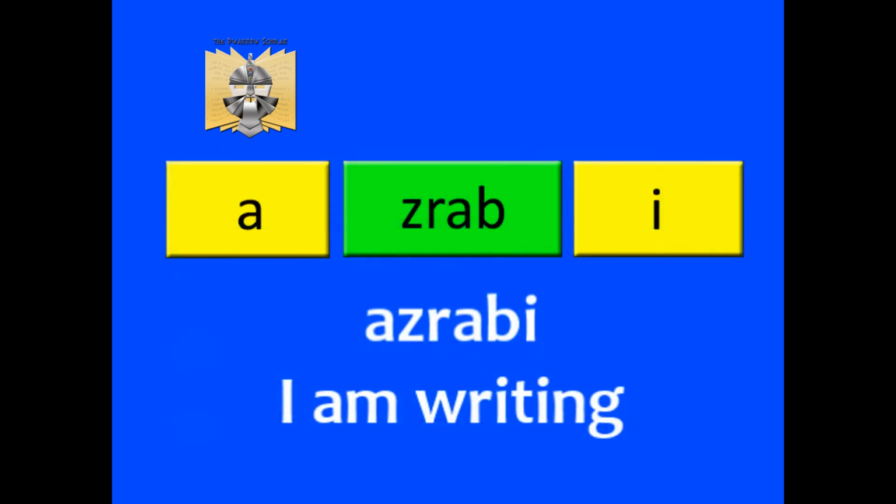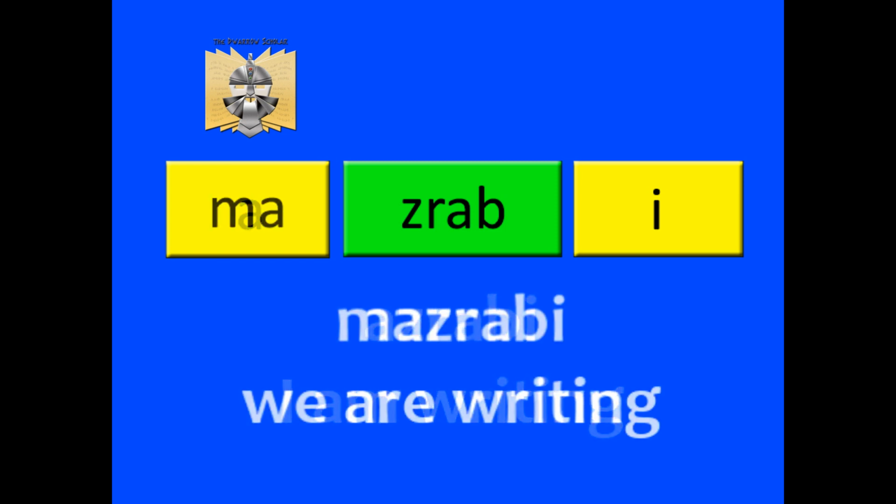So we already saw the first person singular, if you can recall, azrabi, I am writing. Now to form the first person plural, so for instance we are writing, we add ma as prefix, while the suffix remains I, giving us mazrabi, meaning we are writing.